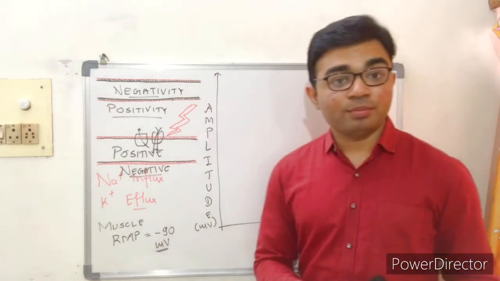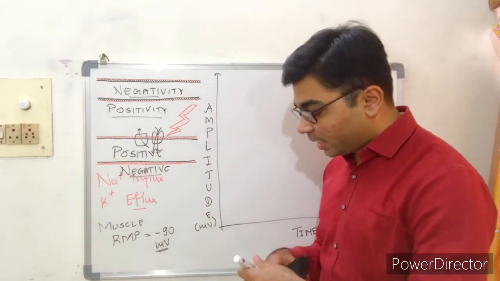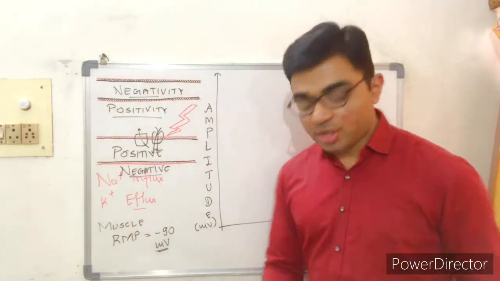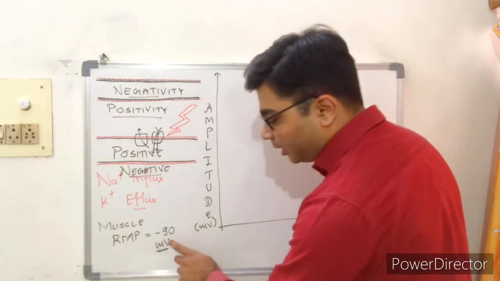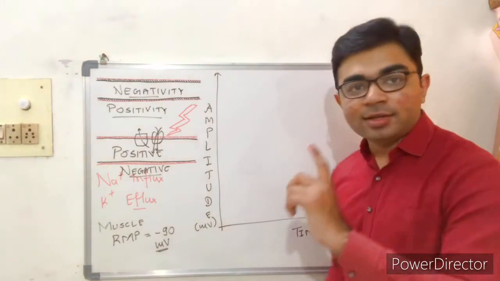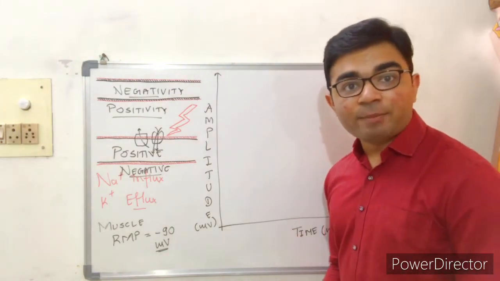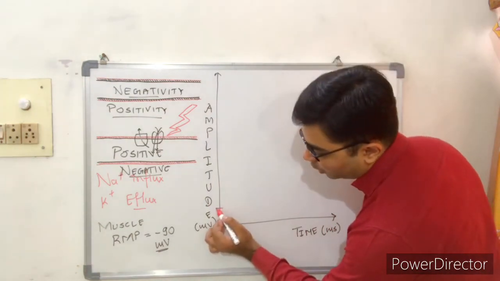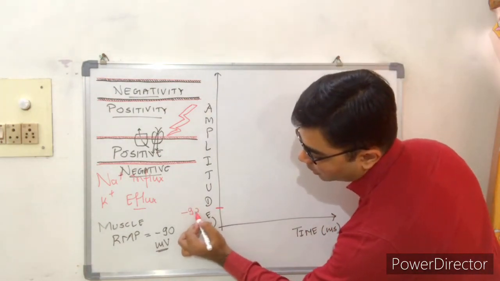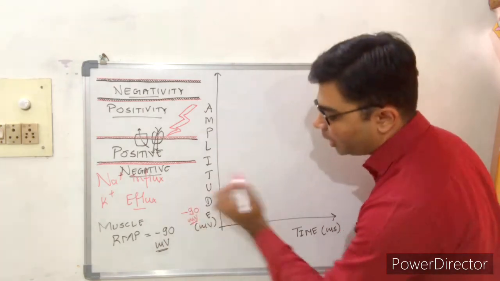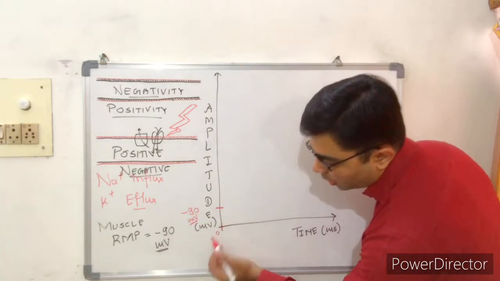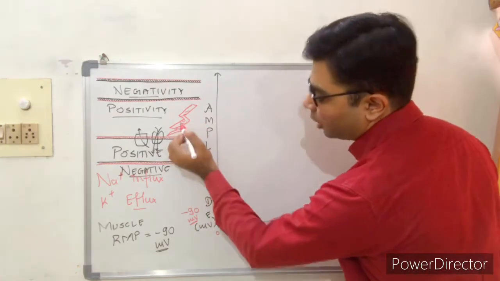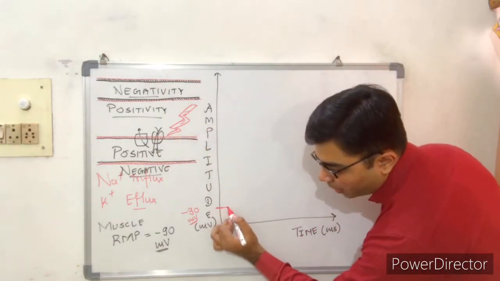Now, at this minus 90 millivolts, if I apply a stimulus, what is going to happen? Let's see that. Suppose here I have a marking of minus 90 millivolts over the y-axis and at 0 millisecond time. Now I have applied this particular stimulus. What is going to happen?